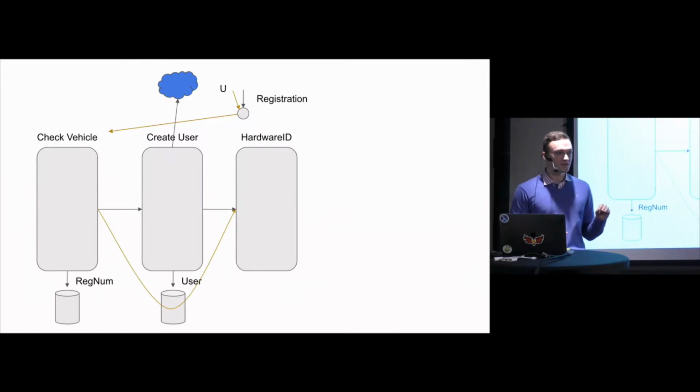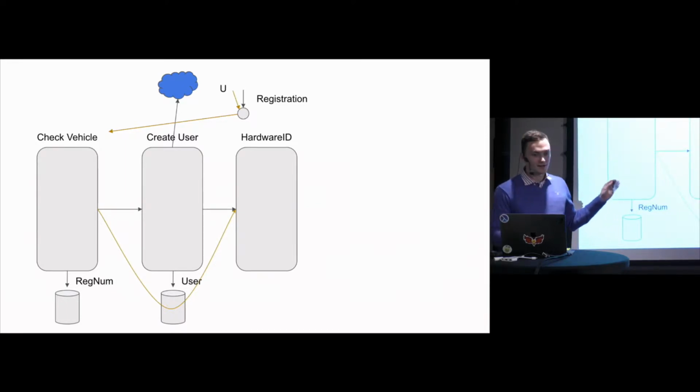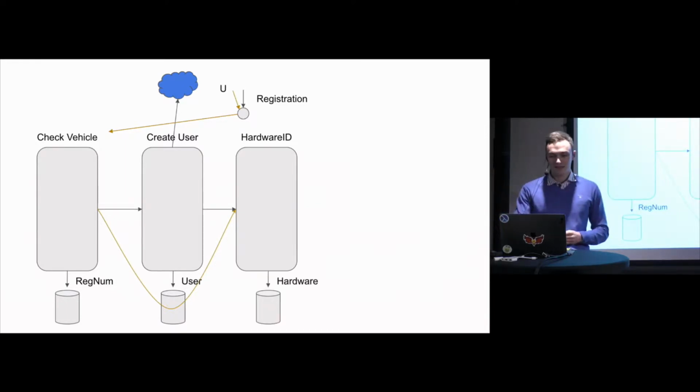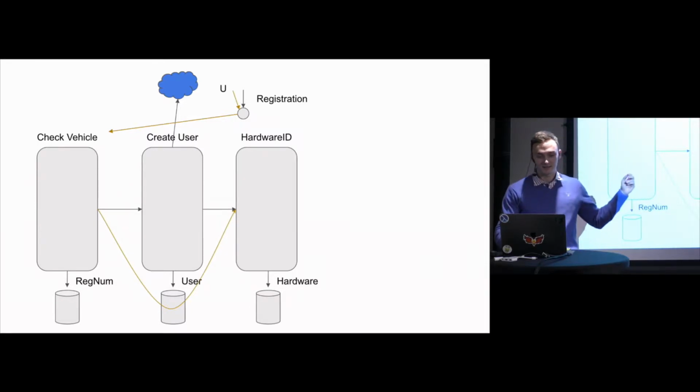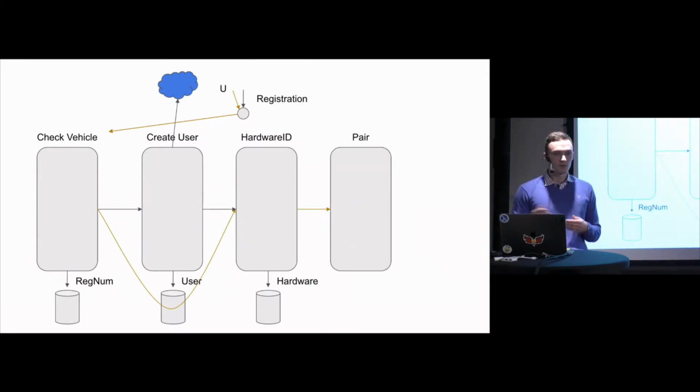Because in the old provisioning architecture, in this view controller, we made a decision about where to go next based on the data that we have. And this is kind of broken because we had this decision making in each screen in our flow. When the user passes check vehicle, he goes to check hardware because he already has a user, and then he goes to the pair screen, and now imagine a failure again.